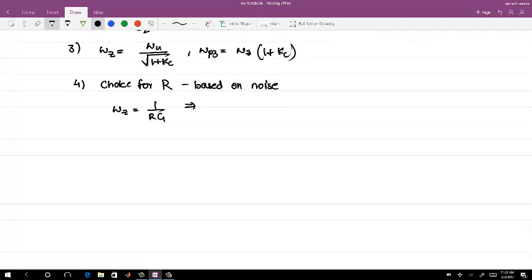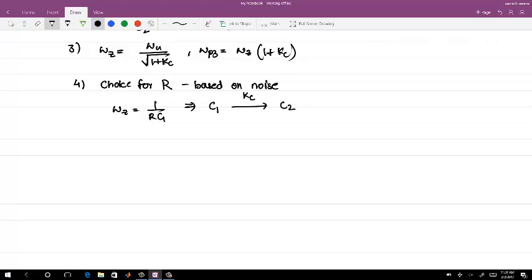So this will give you C1, not R. And you already know Kc, so this will give you C2. So you choose R, and C1 and C2 you got.